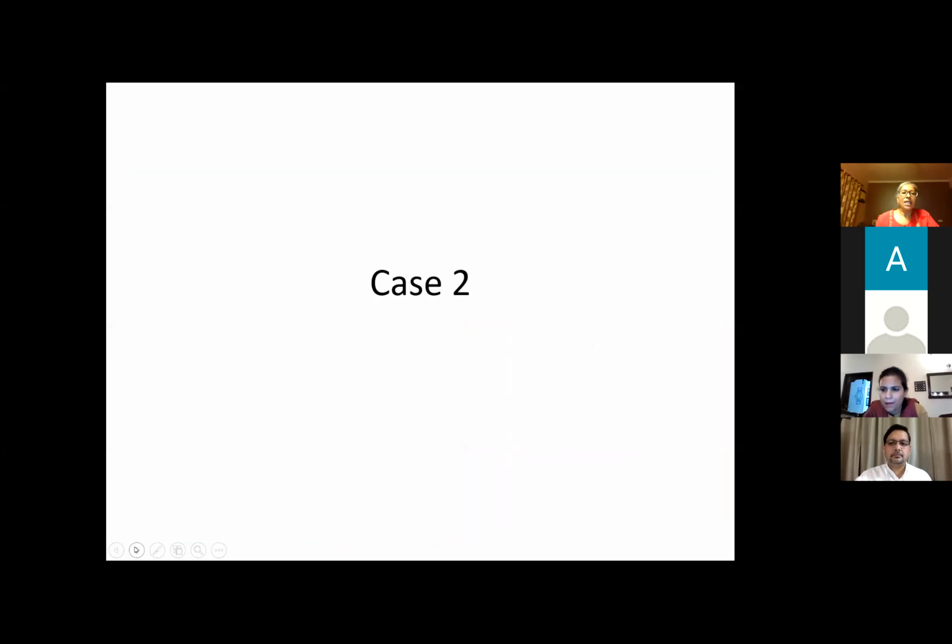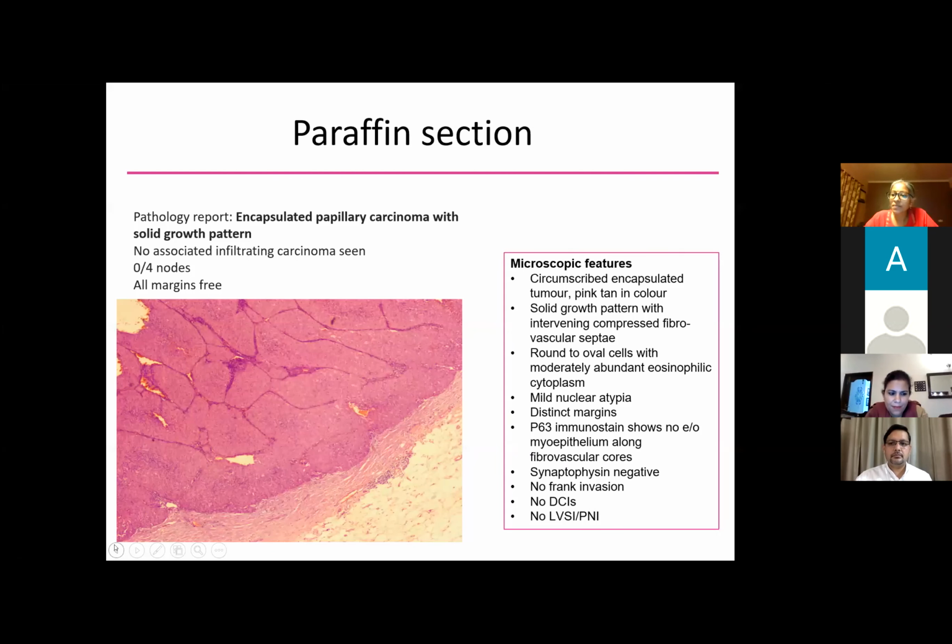Vaishali, can I just make a comment, please? Yes, ma'am. Let's go to the fundamentals, because a lot of people here are surgeons. Please understand that when there is loss of myoepithelial cells, it means it's an invasive cancer. Now, solid papillary and encapsulated papillary are actually the same lesions, except that solid papillary is neuroendocrine, whereas encapsulated papillary lacks neuroendocrine markers.